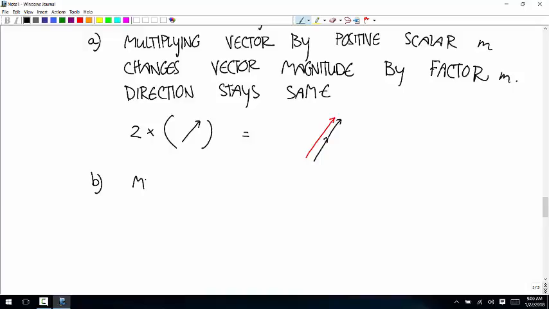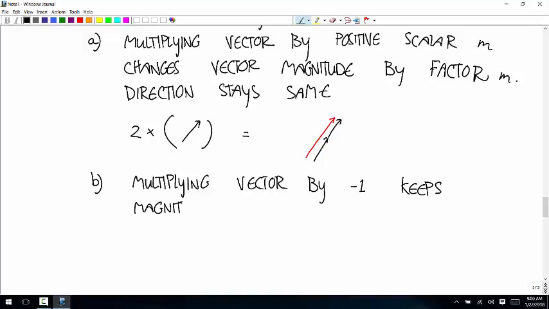And if you're multiplying a vector by -1, it keeps the magnitude the same and just switches the head and tail of the vector. It just switches the direction.